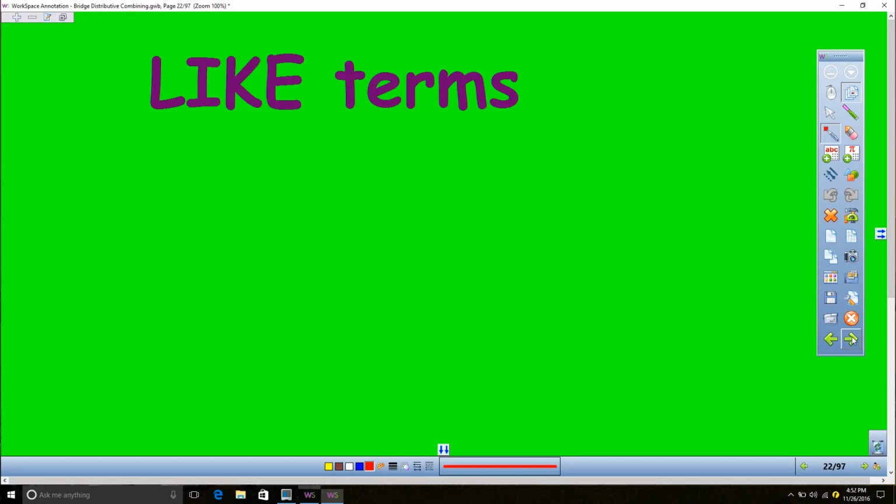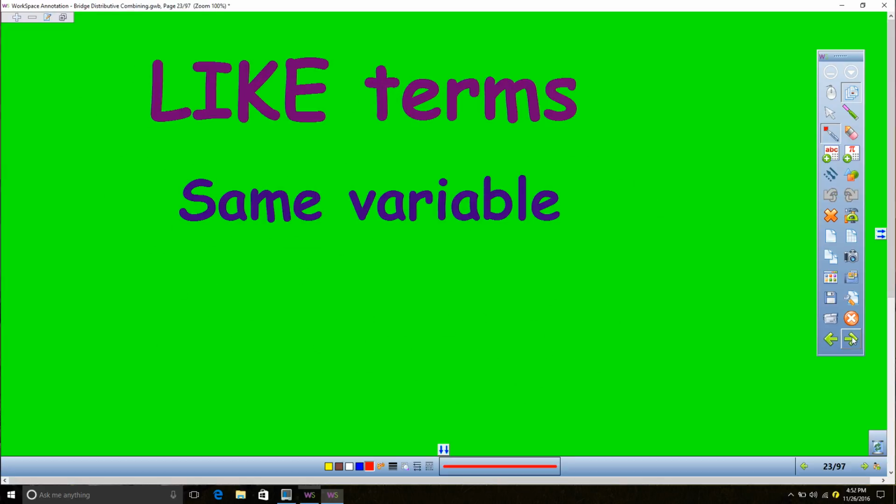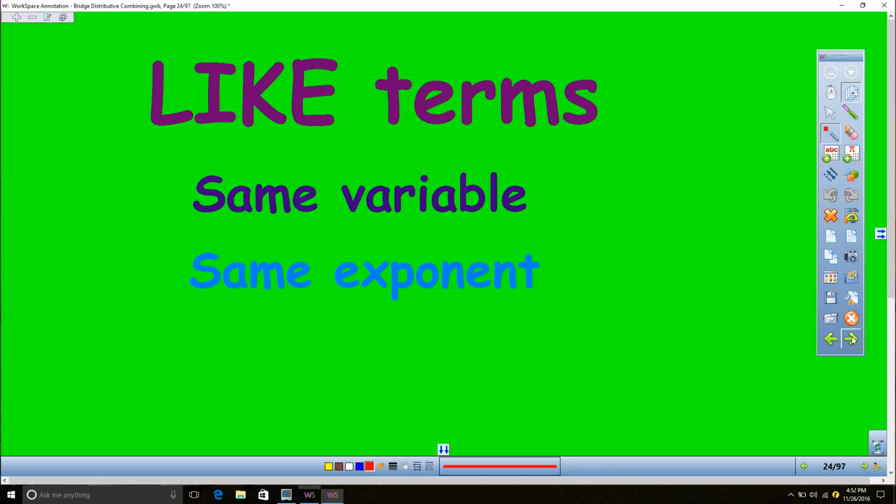So what are like terms? Like terms have to have the same variable and the same exponent. For example, these terms are like terms because they both have the same variable with the same exponent. So these are both m cubed terms. Now what do you get when you add two m cubed terms? Well, just like when you add apples to apples, you get apples.